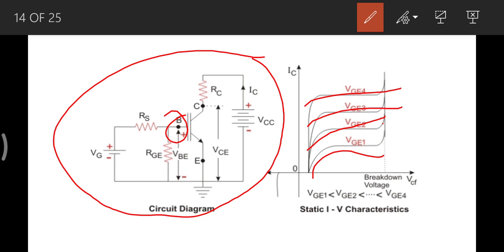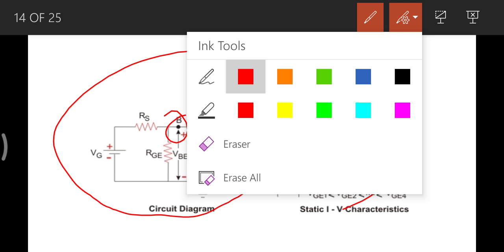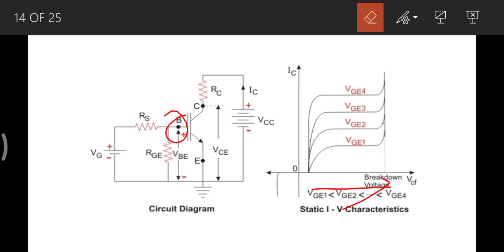These are the VI characteristics. That means with respect to the increasing voltage, these are the collector current directions. Okay? We already saw in previous classes what these regions are.